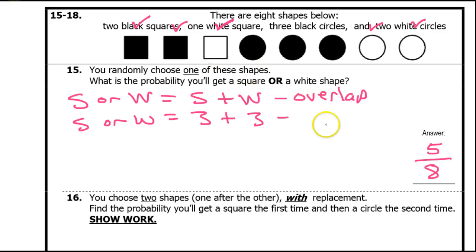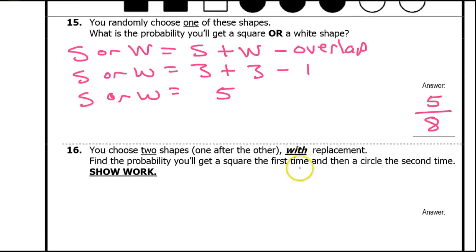There's one of those, so minus 1. So square or white is going to equal 6 minus 1, which is 5. And then, so that's the target, and I can just put that over a total of 8. Alright, so that's 2 ways to think about it.